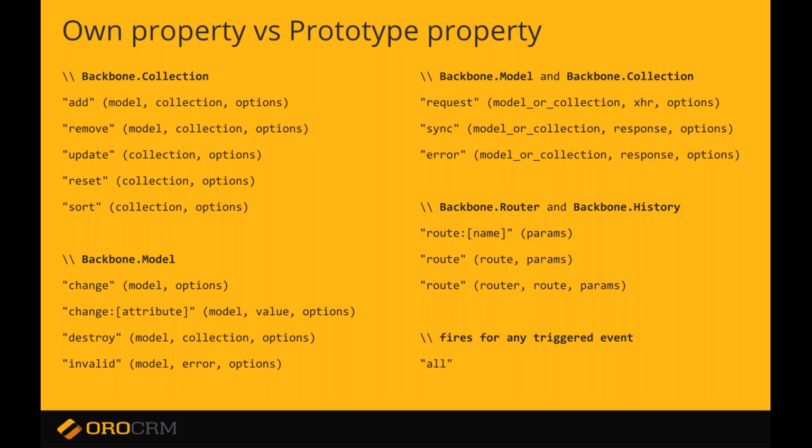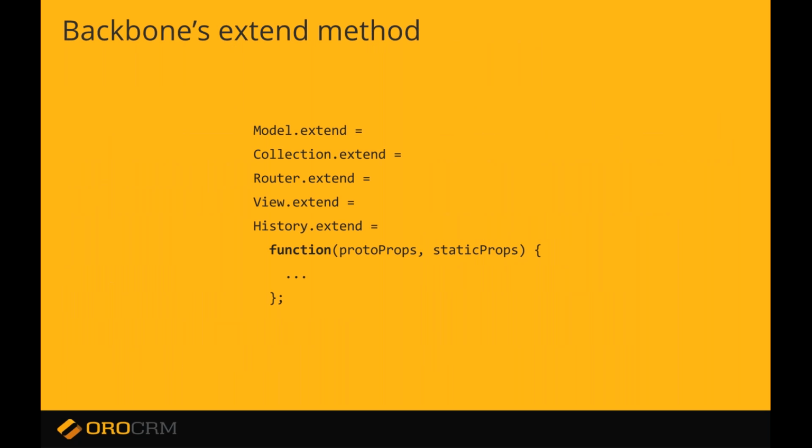We can subscribe to all events at once for a certain object, for debug purposes or for proxying events. So, for example, you can see that all events that are triggered inside a model are also retriggered on the collection. So collection subscribes to all events and then retriggers them on itself.